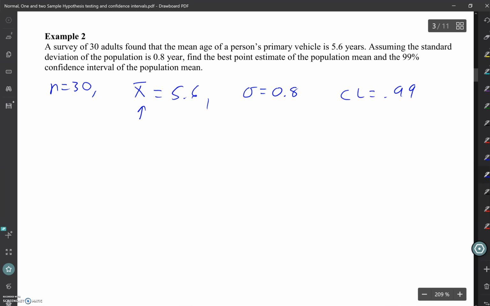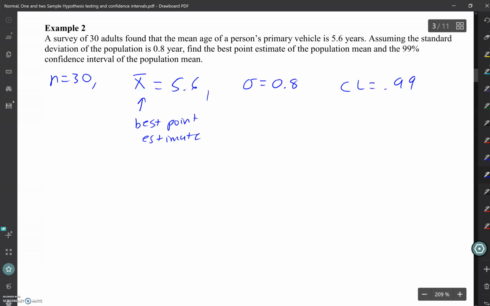The mean. It's the only one I've got, so it's my best point estimate. Then, I need alpha, actually I don't need alpha. I forgot we're going to use technology. This is all I need.